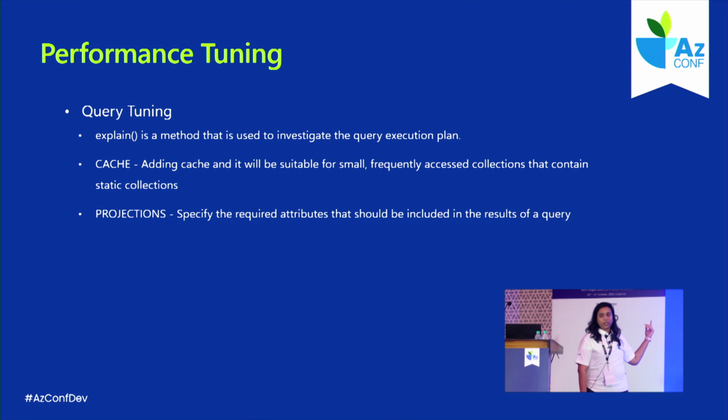In spite of you having added the partition key and the index, the third thing is projections. Usually we do select star from and we put all the data. We give all the data to the UI, right.